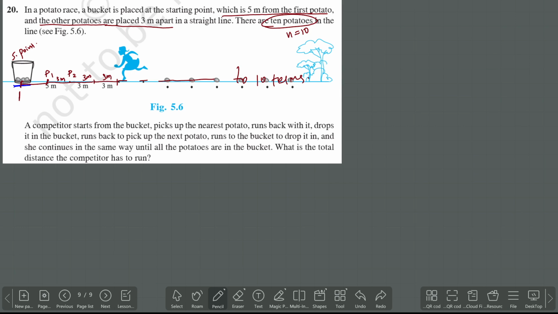So in the diagram, what will you mention here? P1, this is potato number 1, potato 2, 3, this is 4, 5, 6, P7, P8, P9, P10. Like that we have.